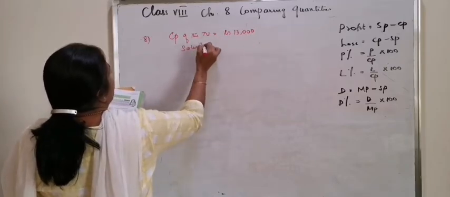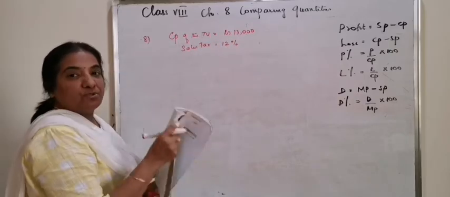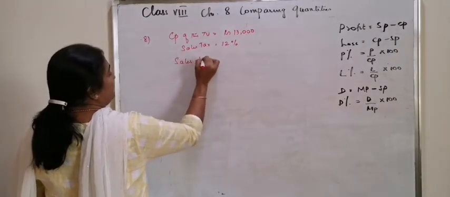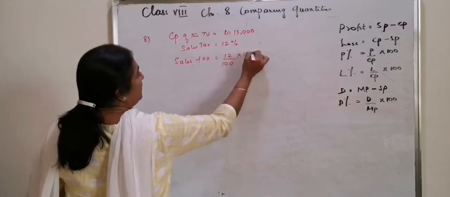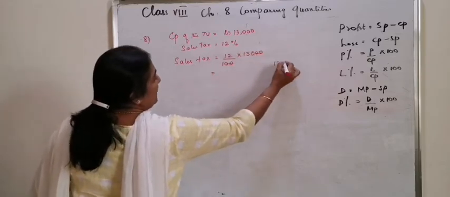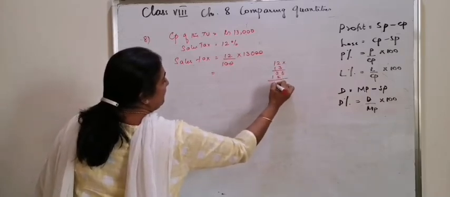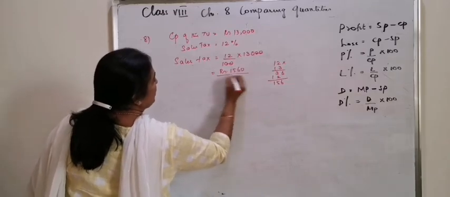Sales tax is charged as 12%. So what will be the sales tax amount? Therefore, the sales tax is 12 by 100 of 13,000, which is the same as 12 into 13, 3 2s are 6. It is rupees 1,560.